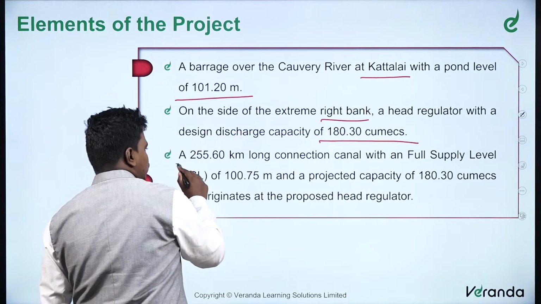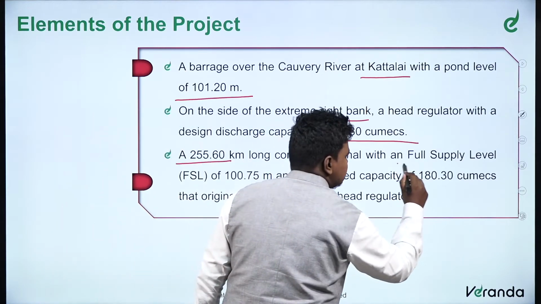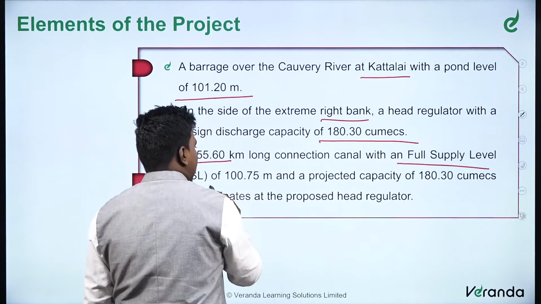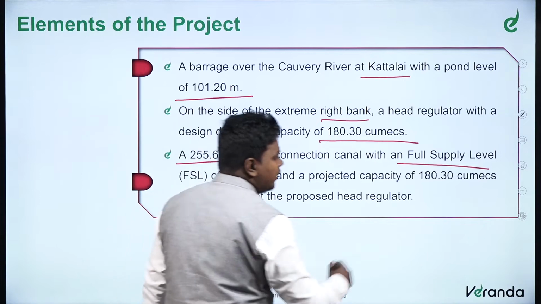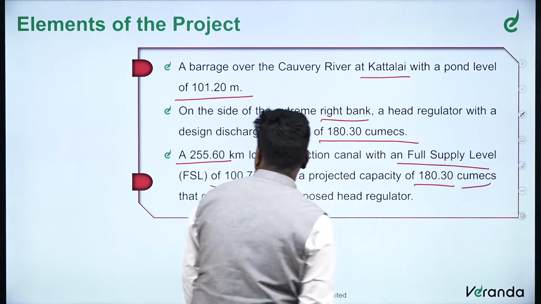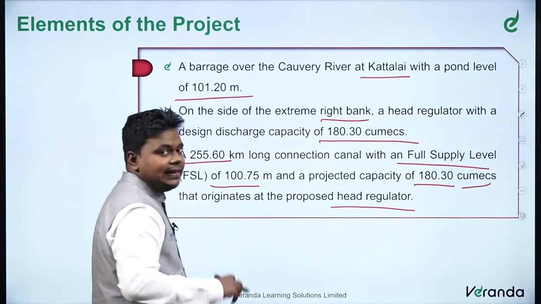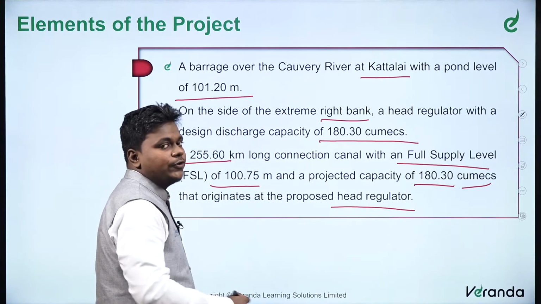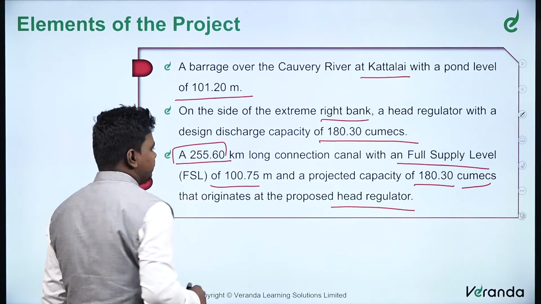Then a 255.60 kilometer long connecting canal with a full supply level of 100.75 meter and a project capacity of 180.30 cumecs that originates at the proposed head regulator. So, the entire length of the canal which is going to be built in this project is 255.60 kilometer.